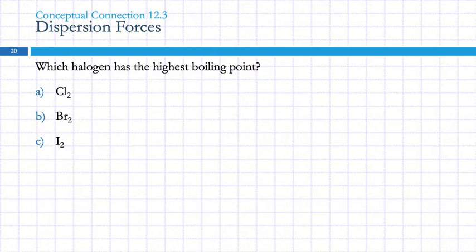So there can be questions like this on the fourth exam or on the final exam. Which halogen has the highest boiling point? Well, let's look at the halogens, right? We've got chlorine, and under it is bromine, and under that is iodine. And we just learned that dispersion forces depend on what? Molar mass.